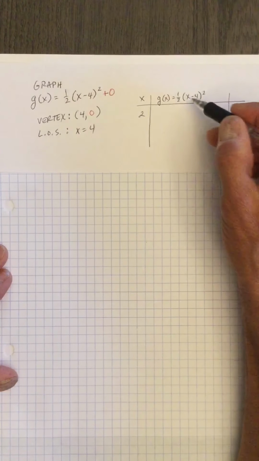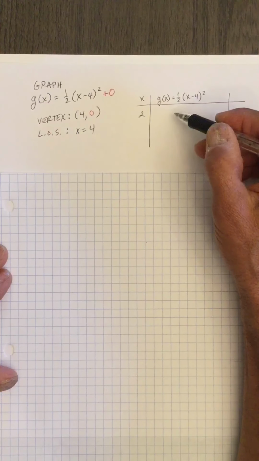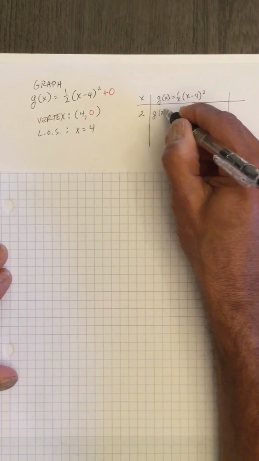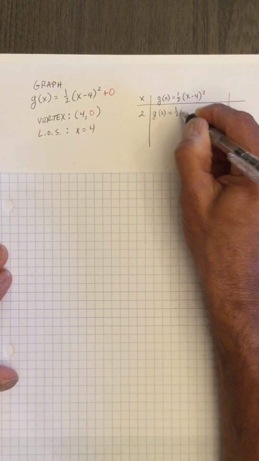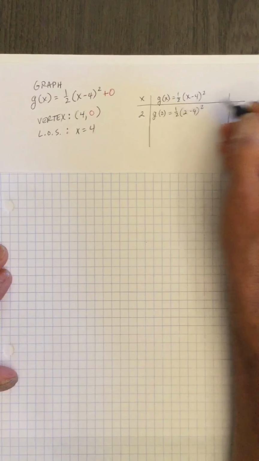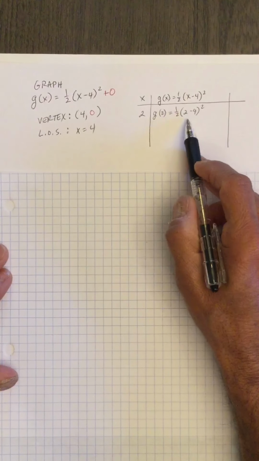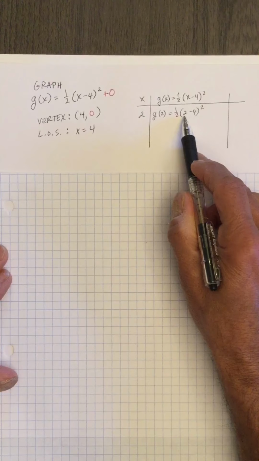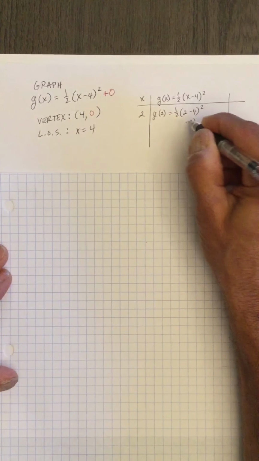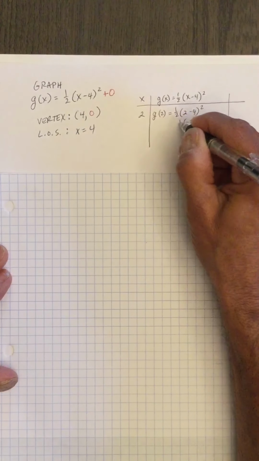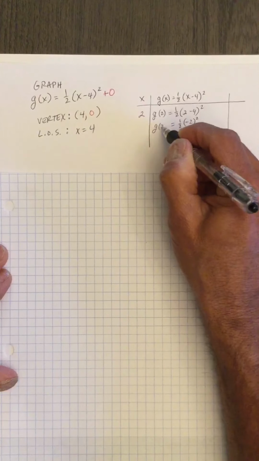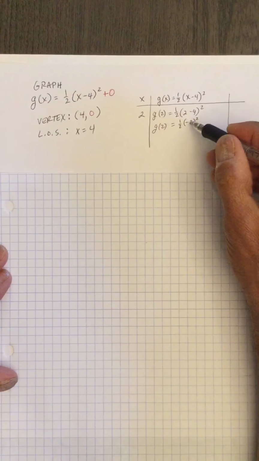Let's take 2 and we're gonna put it in this problem wherever we see the x, right? One way to write this, you could say g of 2 equals 1/2, now don't write an x, put a 2, minus 4 squared, right? So do what's in the parentheses first. What's 2 minus 4? 2 minus 4 is -2, right? And then what you have to do is square the -2.